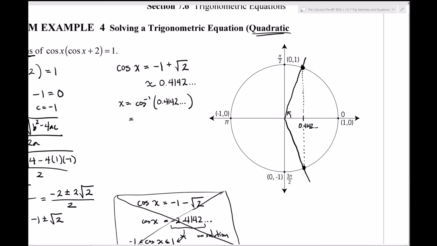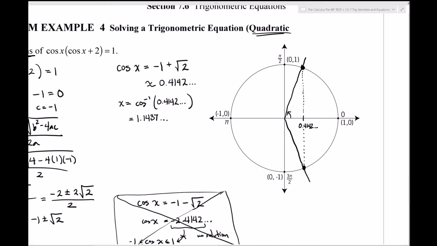And if you remember, cosine inverse is designed to only give values in the top half of the circle. So it's only going to give us something between 0 and pi, between 0 and 3.141 something. So I'm going to go to my calculator, and I get 1.1437, keeps on going, radians, because my calculator is currently in radians.